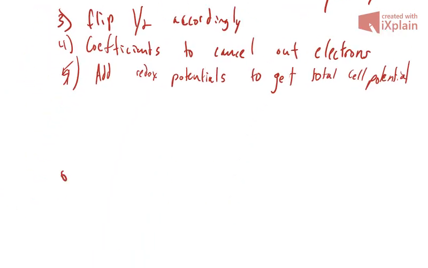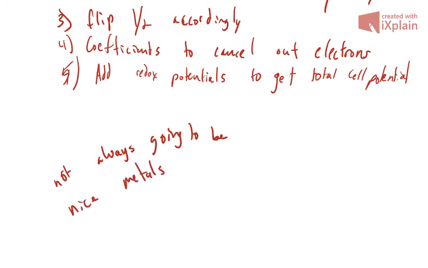Now, it is not always going to be nice metals. It's not always going to be unbonded metals. It can also be metals that have bonded to something else, but there's still a reduction reaction going on.